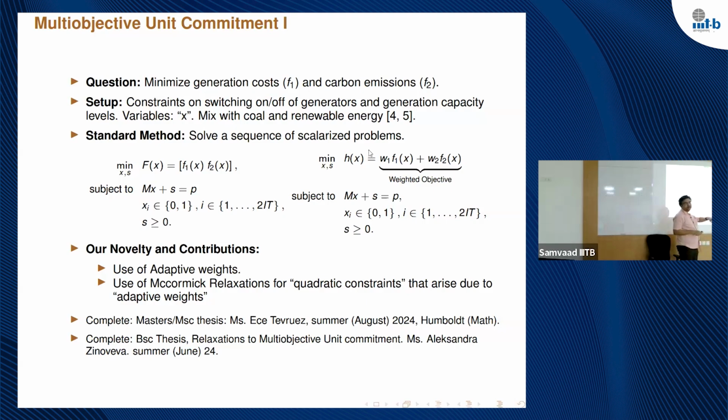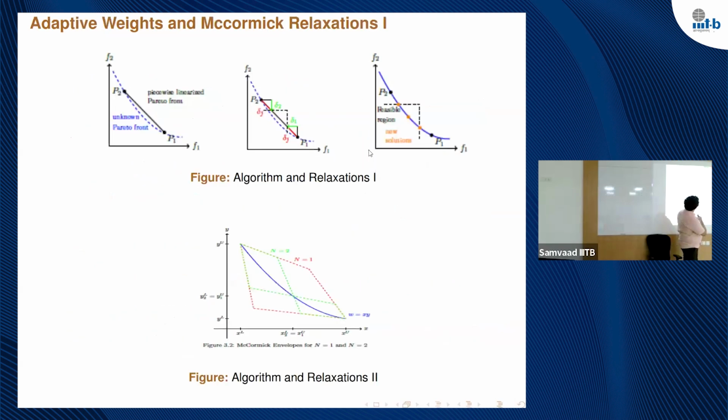And for the next iteration, you want to come up with a better set of weights which are not just 0.2, 0.8. That is based on what your evaluations of objectives F1 and F2 are post your solution, for which you get, for instance, these 2 points. Instead of looking at a uniform distribution and choosing another way, you impose a quadratic constraint which is dependent only on X, not on W's.